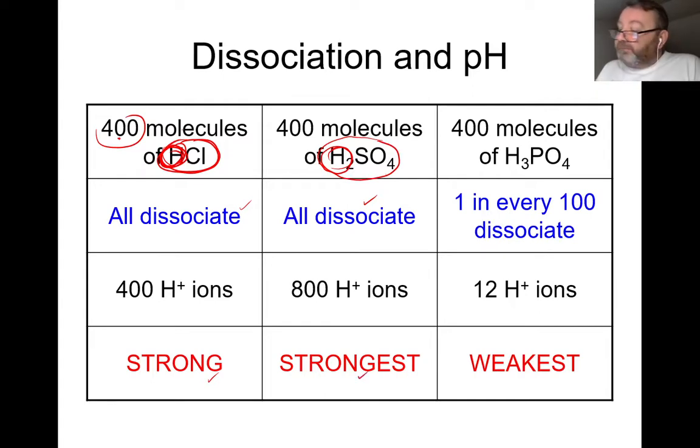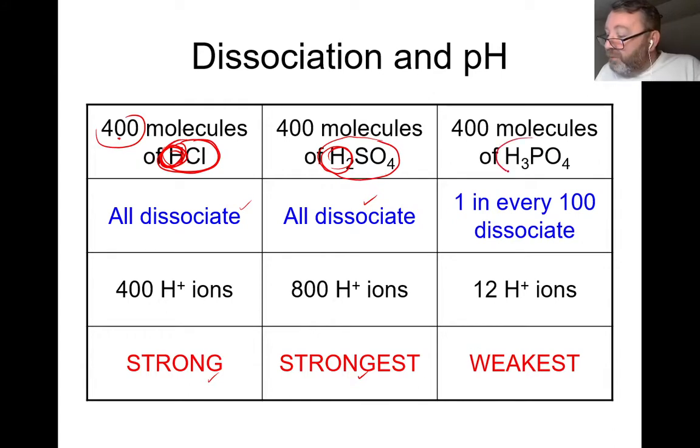But finally, if I take 400 molecules of H3PO4, only 1 in every 100 will actually break down. Okay, so that's extremely alarming. Only 1 in every 100 will break down, meaning that out of 400, only 4 molecules will actually break up.